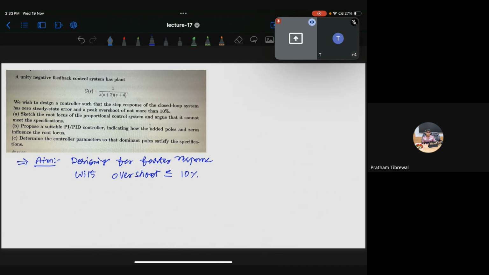What this 10% basically requires is that our zeta must be 0.591 minimum value. Along with this, we need a faster response also. For that reason, let us try to choose the real part sigma as -2.